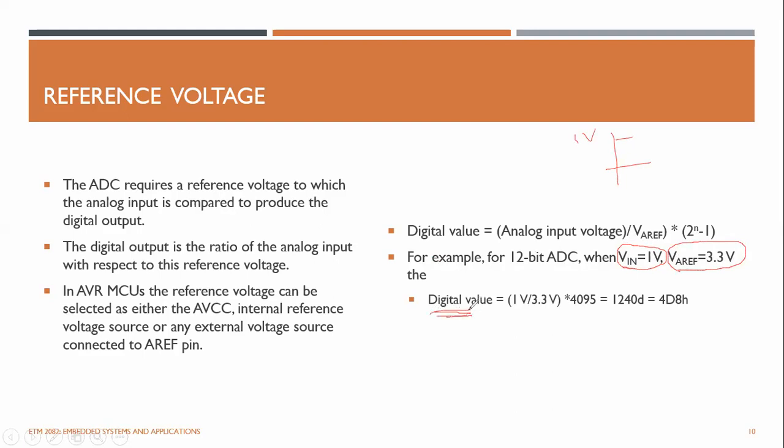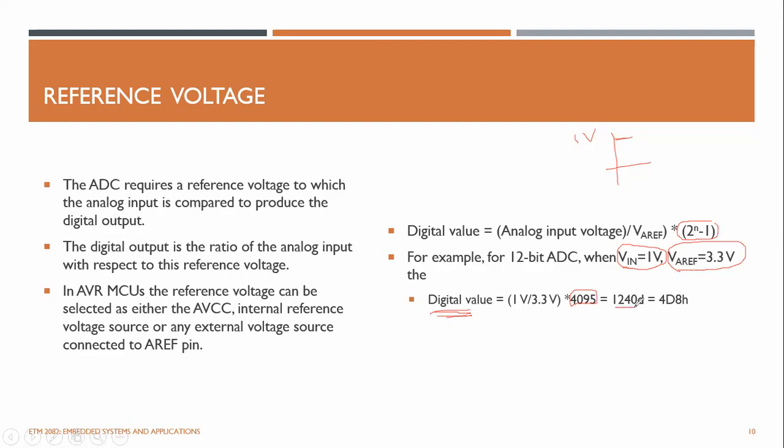What is the output of the ADC? It is calculated like this: the original signal voltage is 1 volt, divided by the reference voltage 3.3, times 2 to the power n minus 1. 2 to the power 12 minus 1 is equal to 4095.